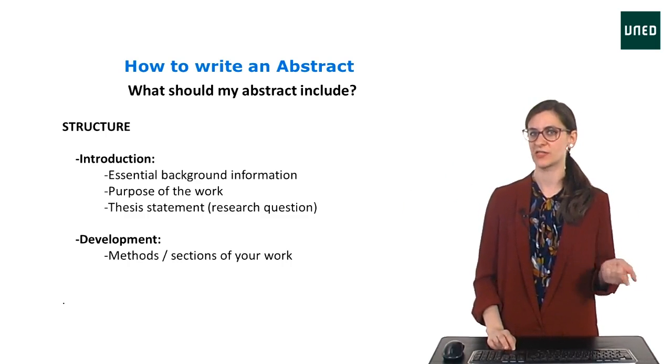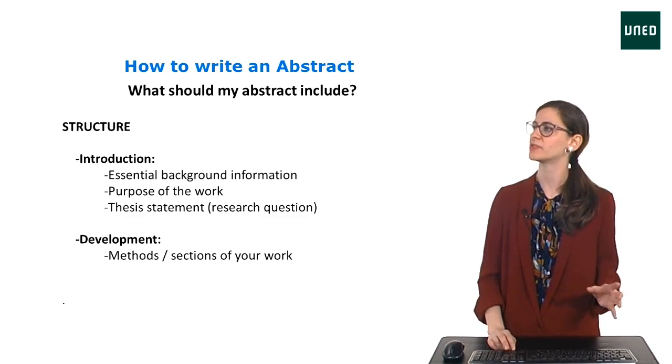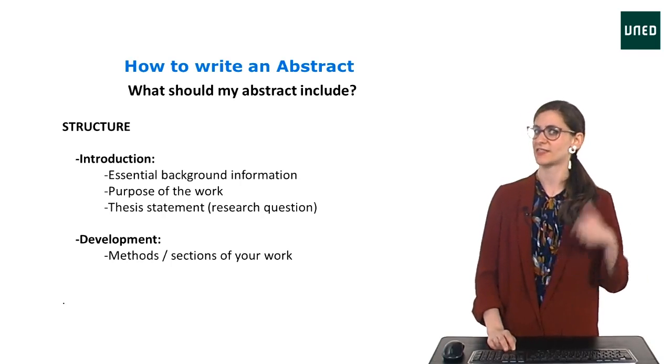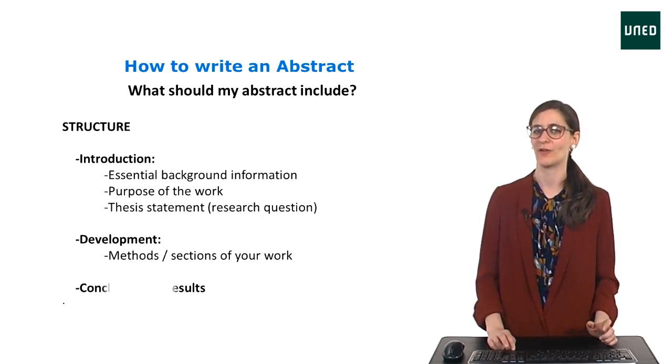Sometimes, and we are going to see this when we're focusing on the examples, in the development section, we can also find the thesis statement, okay? As I said before, it's a flexible structure.